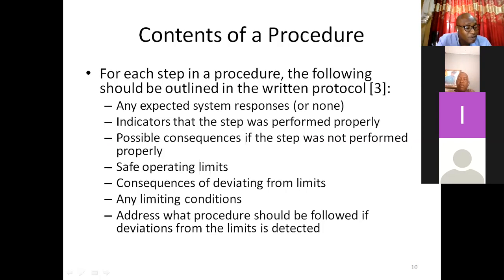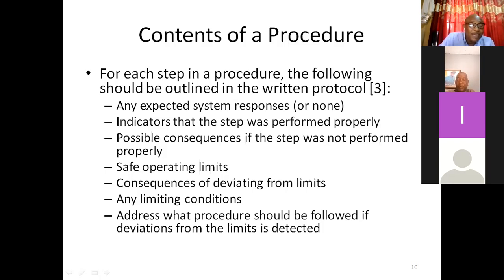Some new cars now, if you put it in drive, the car will not start, because a mechanism has been put in place. They know that if you put it in drive and you mistakenly start it, it can speed off and injure people.